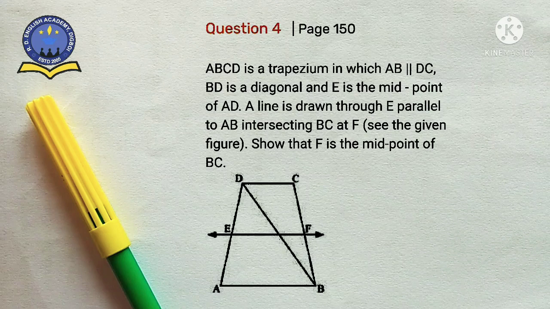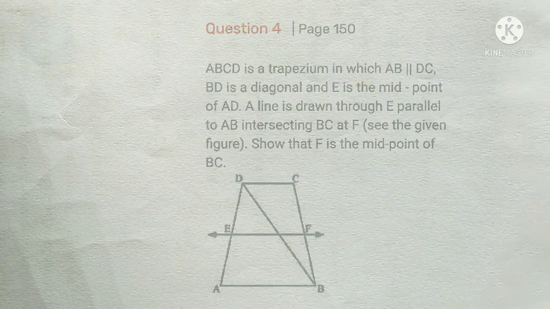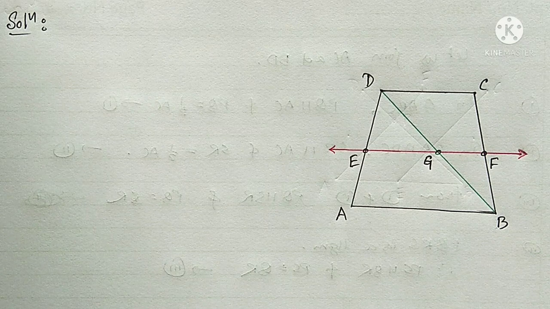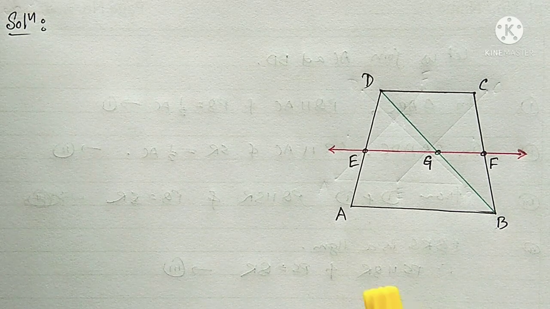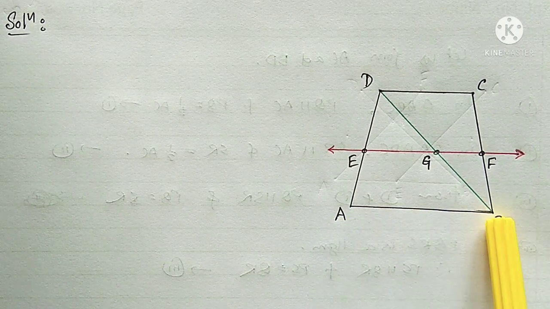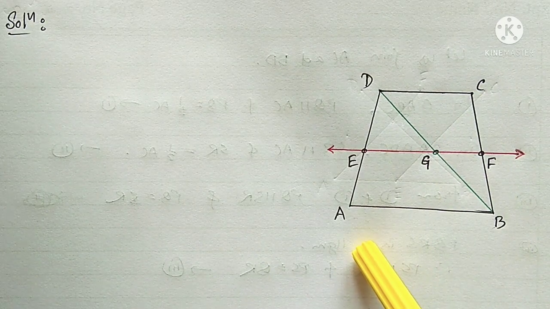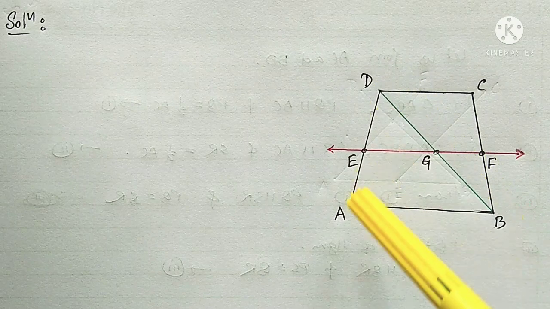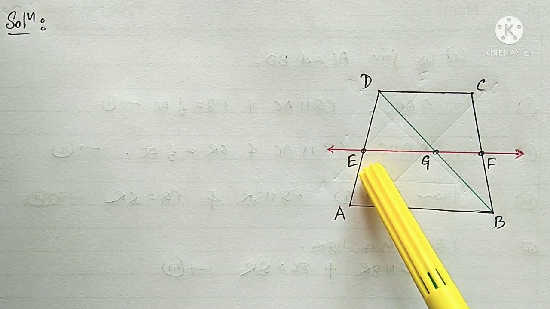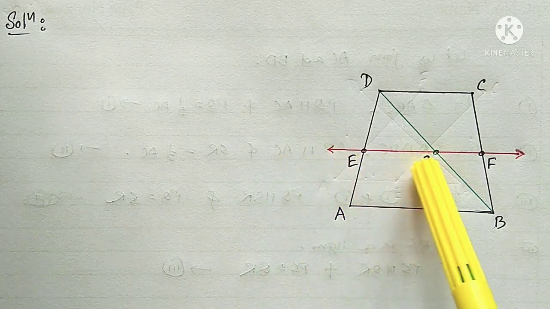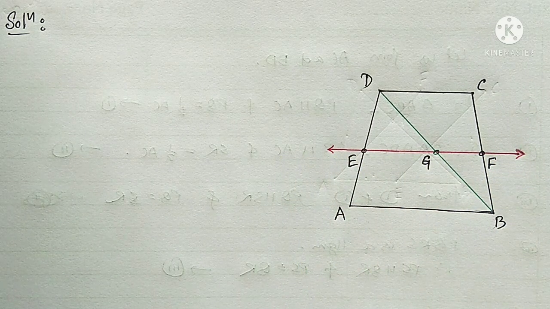So now we have to start. Let's see how we can do this. A little bit of construction we have to do here, and the construction is like this, if you see. So here AB is parallel to CD, and in this side AD, E is the midpoint, and through this E we have to draw a line parallel to which side?